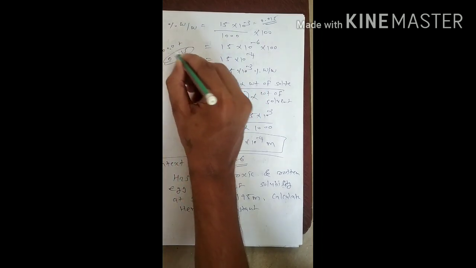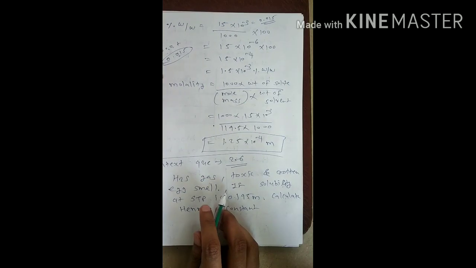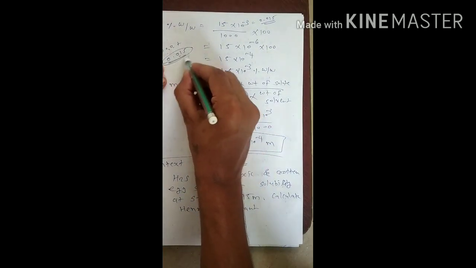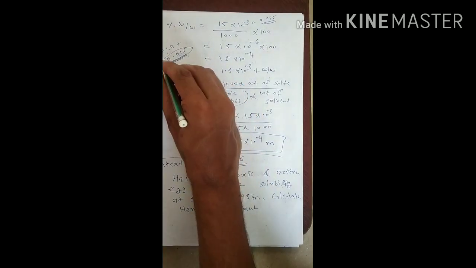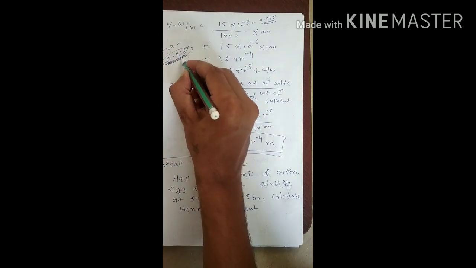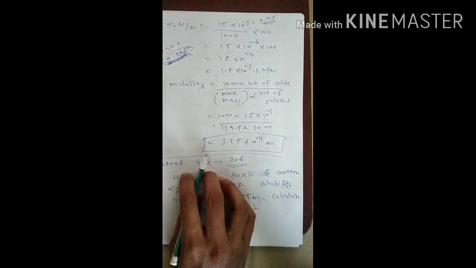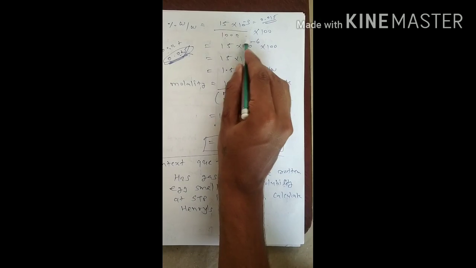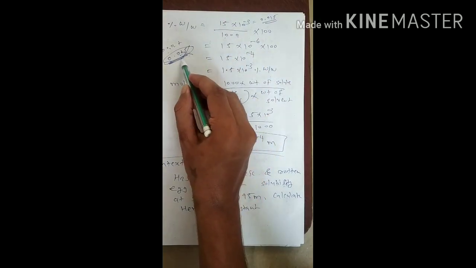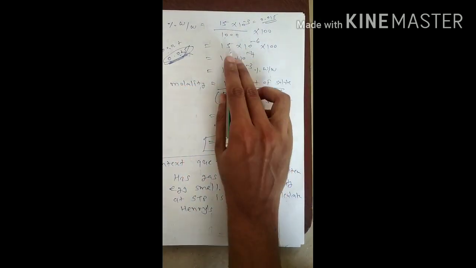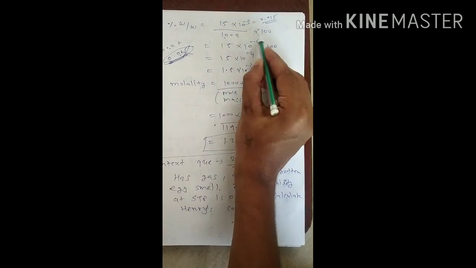Now you can see the clear difference between these two. This 0.015 is a very small value compared to 1000, so I am neglecting this. So only 1000 here, into 100.